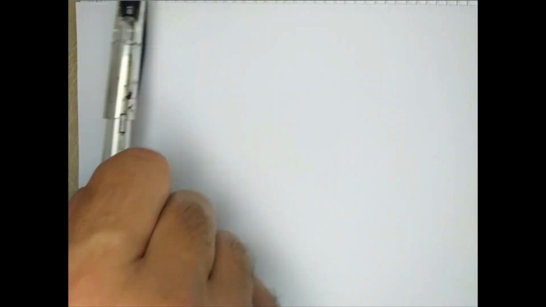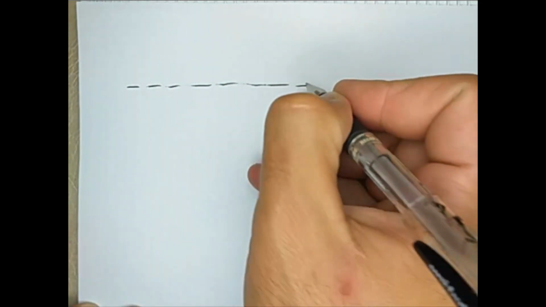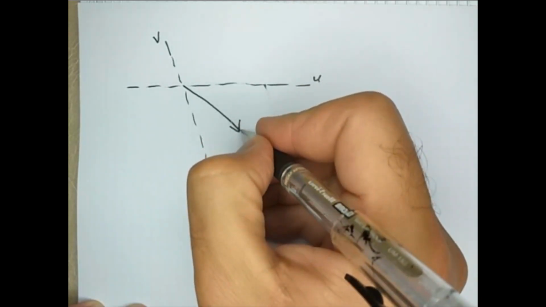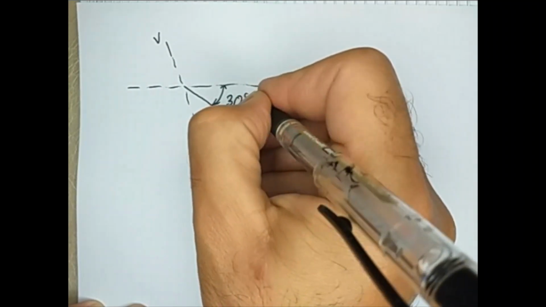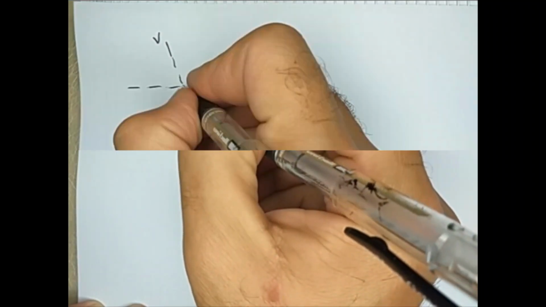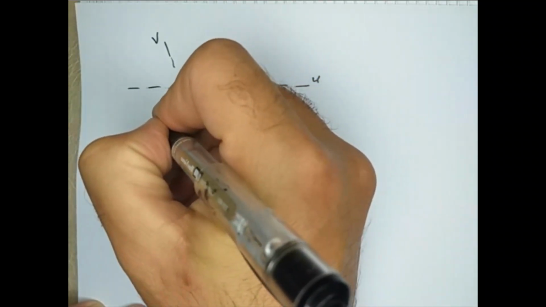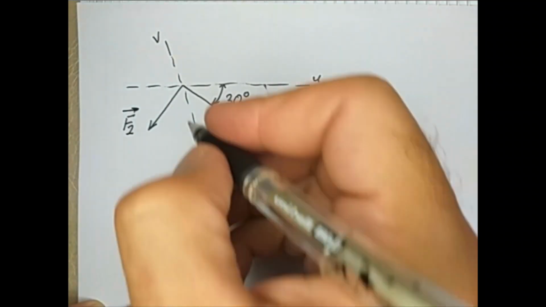Then we have the force F1, which makes an angle of 30 degrees. Then there exists another one, F2, and this angle is given as 70 degrees, and this angle is 45 degrees.